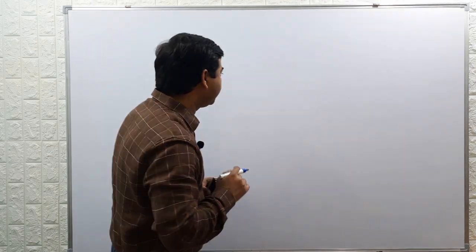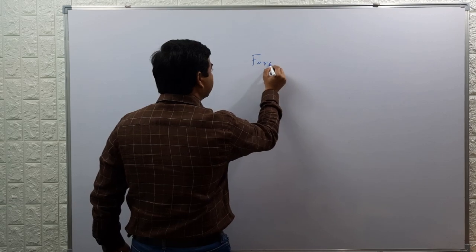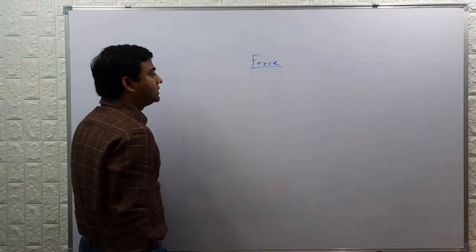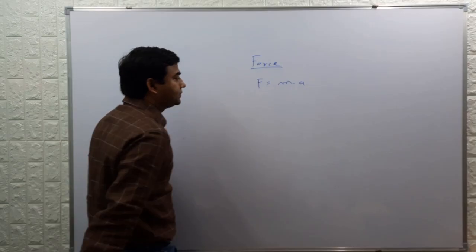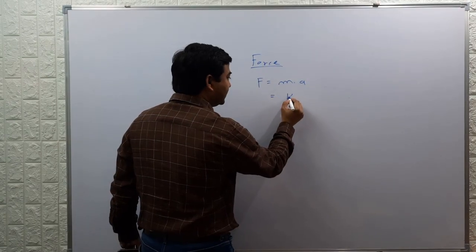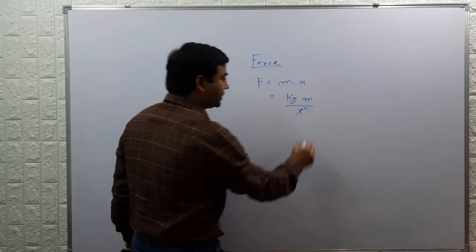For example, force. We know the equation of force, F is equal to m into a. In the SI system, its unit will be kilogram meter per second square.